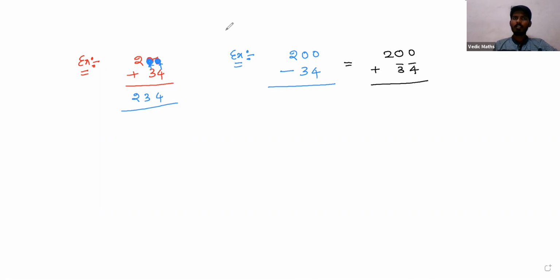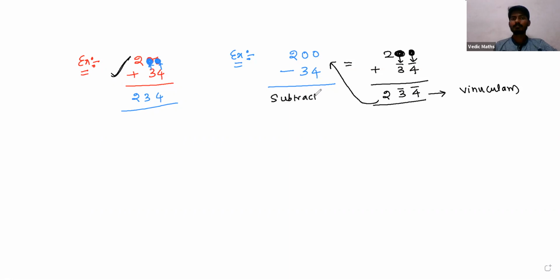Yes or no? As per this example, this 0 is replaced with this number and this 0 is replaced with this number. So then we are getting 2, 3 bar and 4 bar. Now this is the vinculum number. The vinculum number is nothing but subtraction. Yes or no?